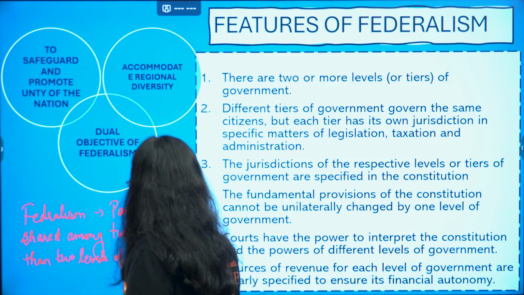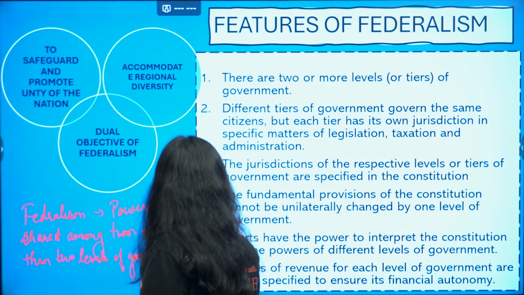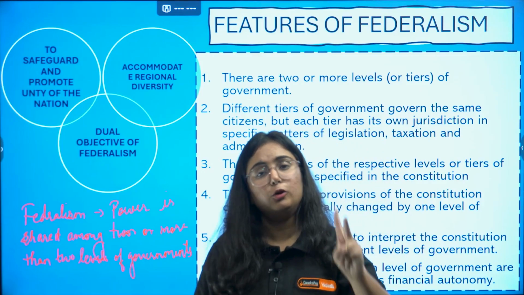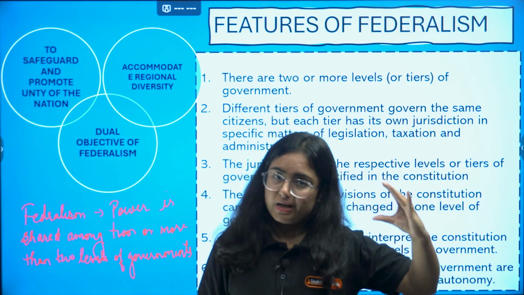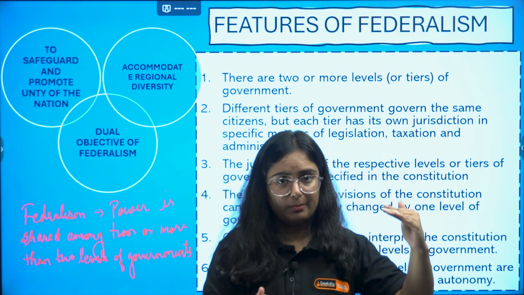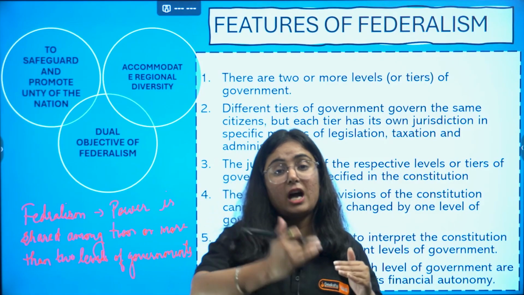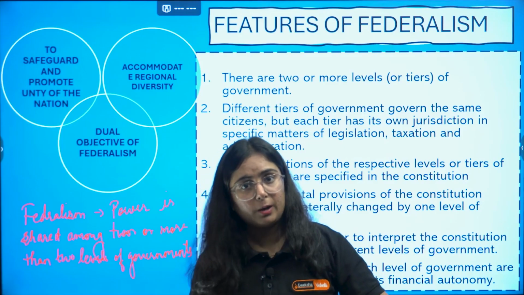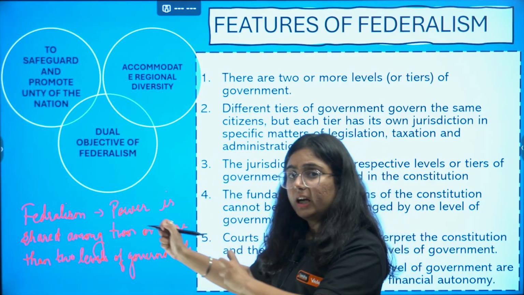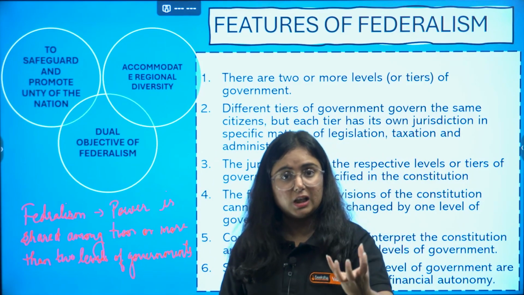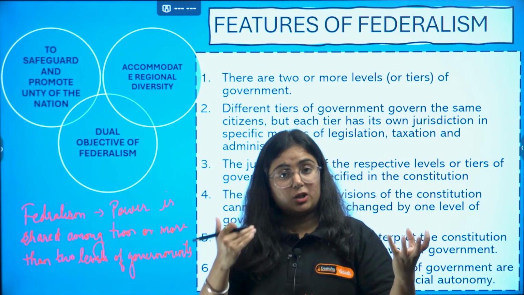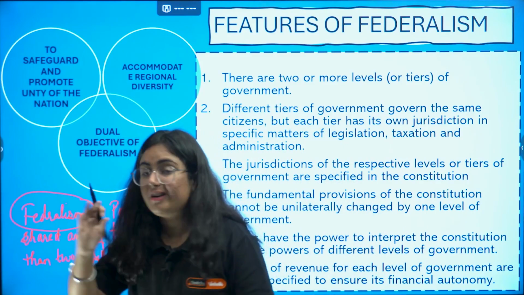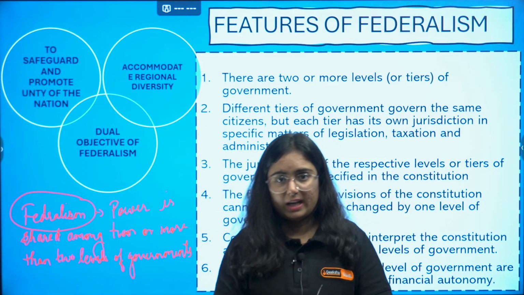There are some countries which have only 2 levels of government, central government and state government. But there are countries which have more than 2 levels, center, state and then local. So whenever power is shared by a central authority among its constituent units, that is known as federalism. Did you get this point?